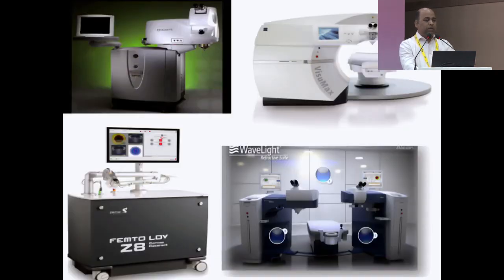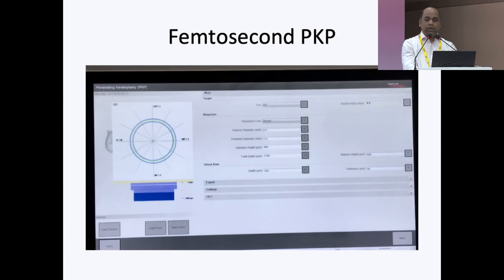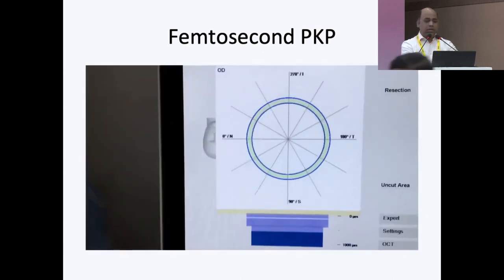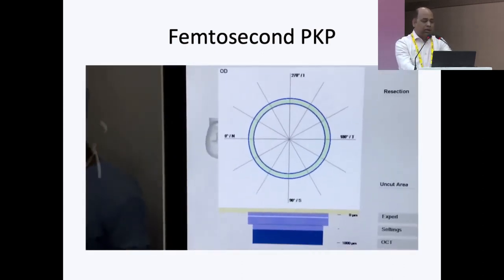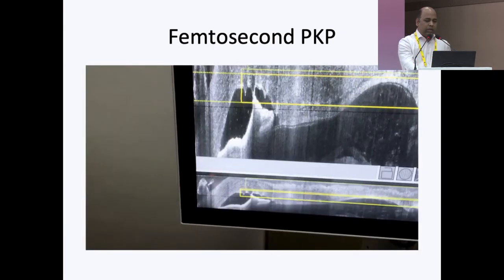There are various platforms that give the option of doing femtosecond laser keratoplasty, and right now we are using Femto-Z8 from BoE. This is one of the cases done by femtosecond laser. You can see this is a case of dense corneal scar. With the newer platform, you can penetrate the dense scars also.